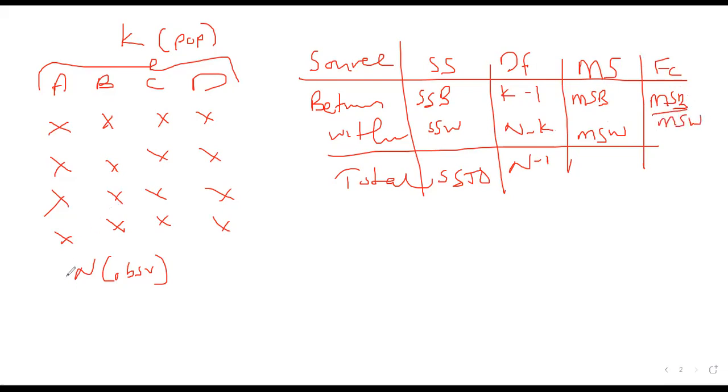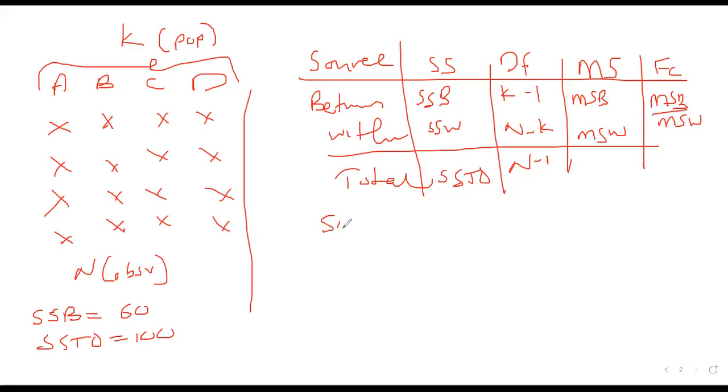Here, suppose the figures that we found, sum of squares between, we have 60, and the sum of squares total, we have 100. So how do we balance this up?